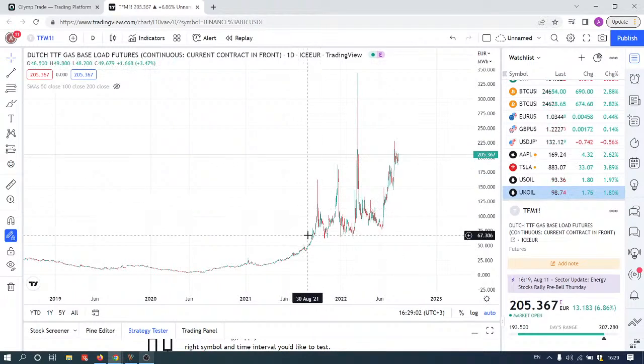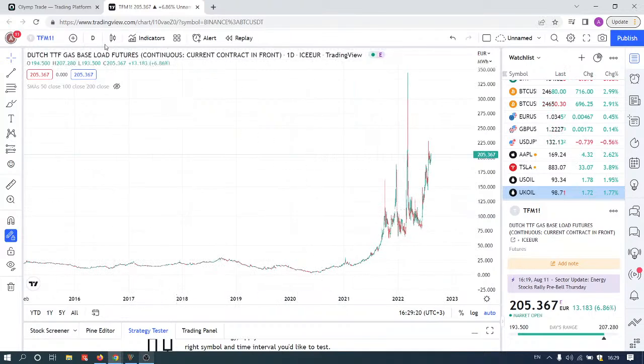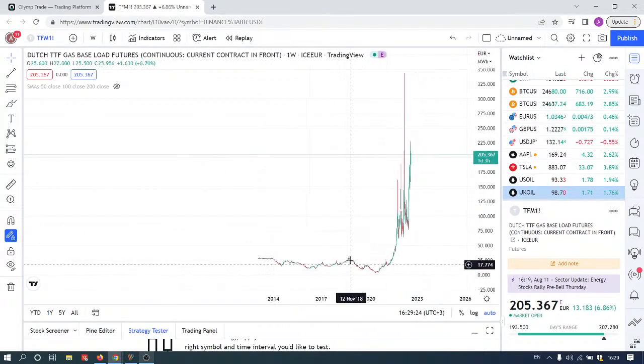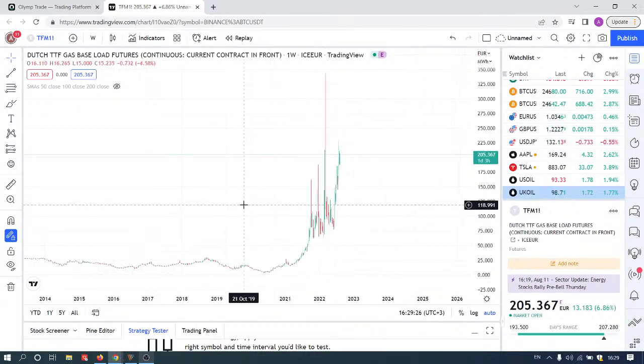And if you look at Europe last year, in August the prices were about 50, and then they went up to 100 in October, and then even higher in December. So basically, Europe is suffering so much from everything that's going on now.